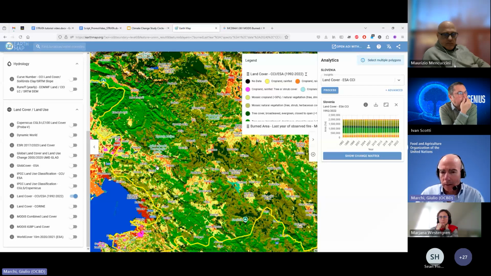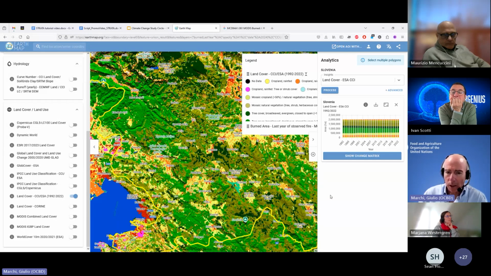Actually, that is less and less true for less and less places, in the sense that there is an amount of data that is incredible right now, increasing constantly day after day. What is missing most of the times is some aggregation and some way to make them available not to the general public, but to the project designers in our case.